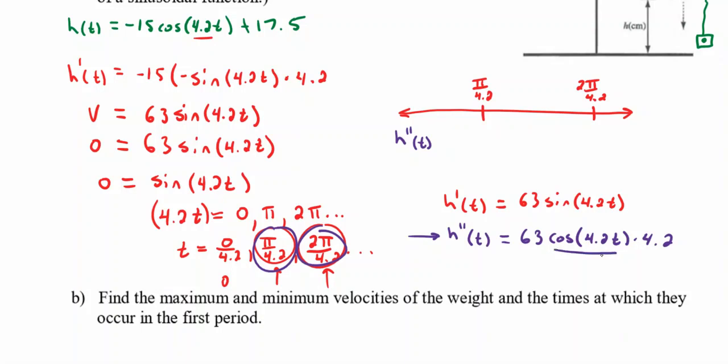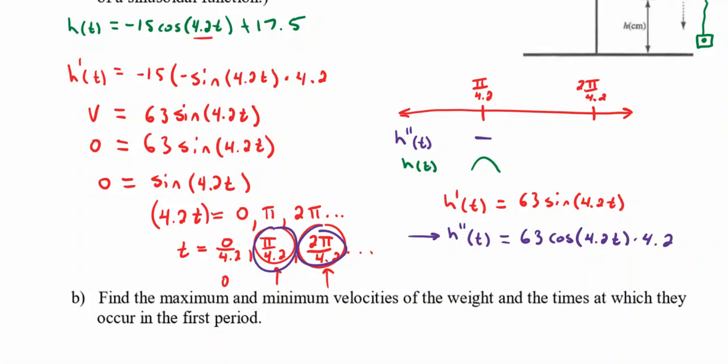So cos of pi would be -1, so this thing's coming out negative. I also know it's either a max or a min. That means h of t must be opening down, because if it's negative, it'd be opening down like that. So that must be a max.